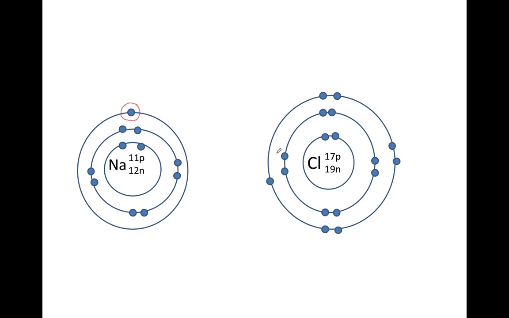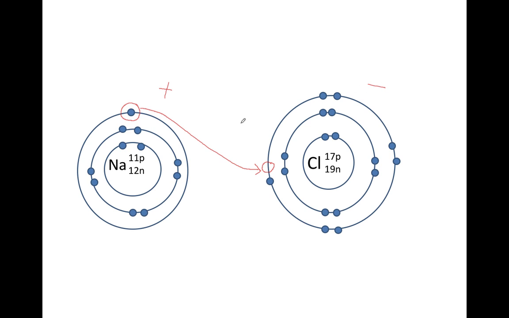Chlorine, on the other hand, wants to have a full outer shell, and so it wants to gain one electron. So this electron will be transferred to chlorine, and sodium will become positively charged and chlorine will become negatively charged.